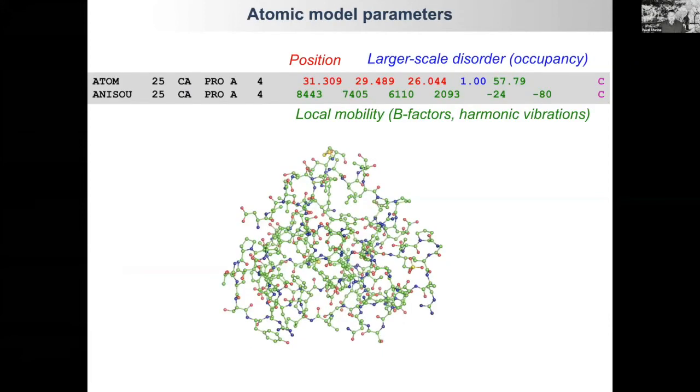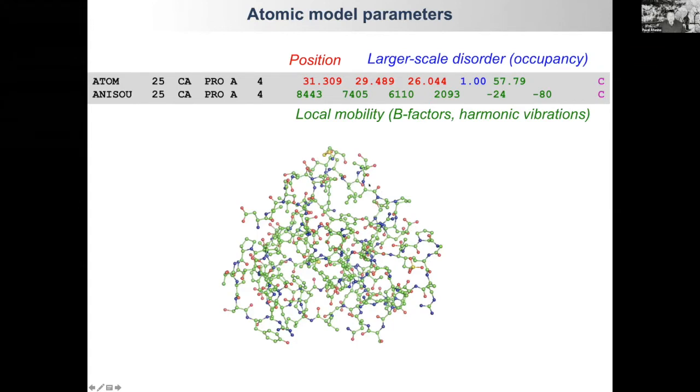Right. Now let's talk about the atomic model. Again, this is very basic, just to get everybody up to speed. So that's how we represent atomic models. These are a bunch of dots connected to each other via covalent links.